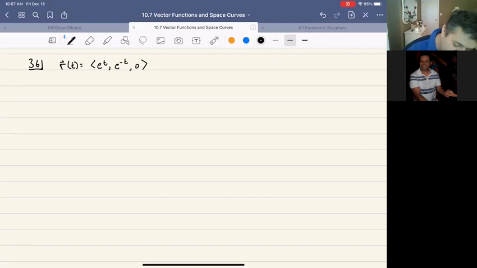It says to find the equation of the tangent line. This is not really that problem, but it's the one I'm going to do. Let's say t equals 1. This isn't really 36, it's just inspired by it.